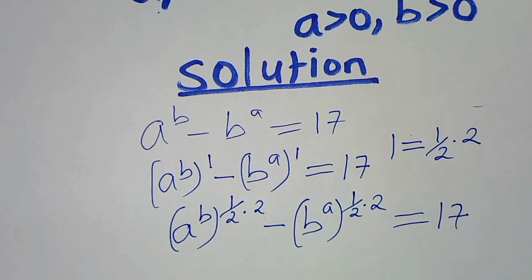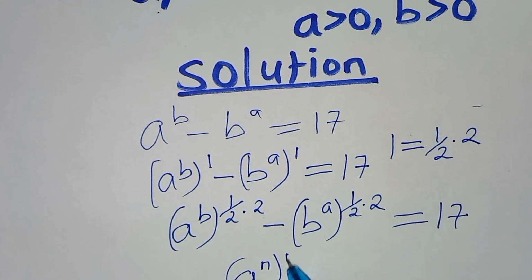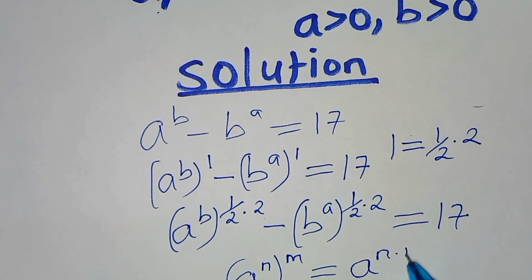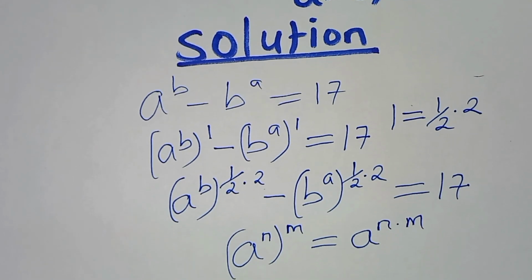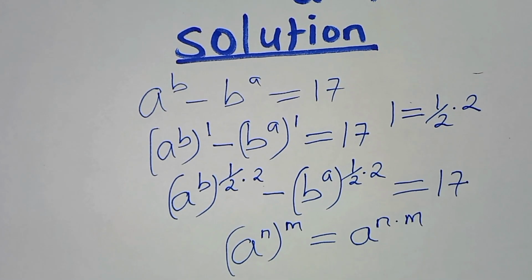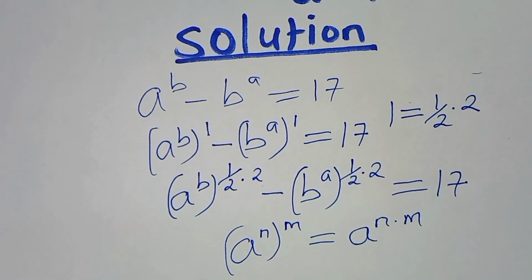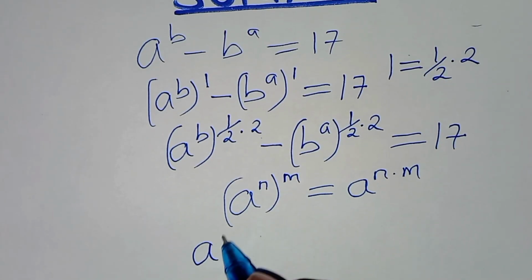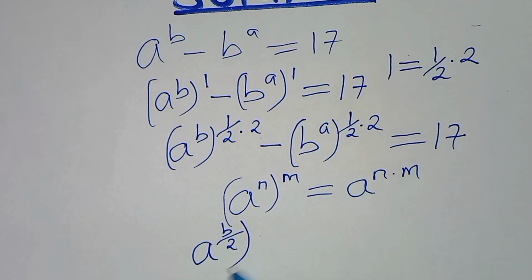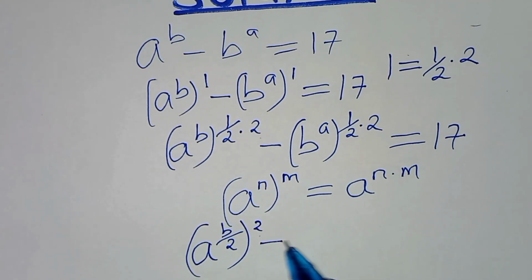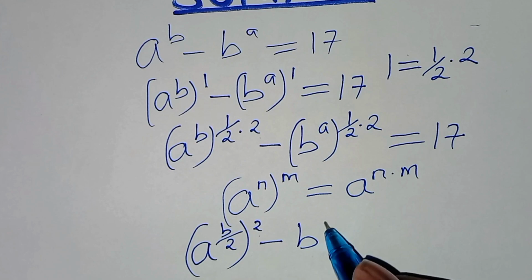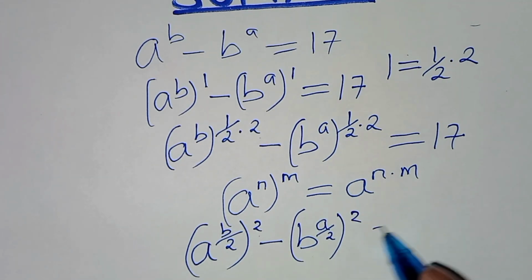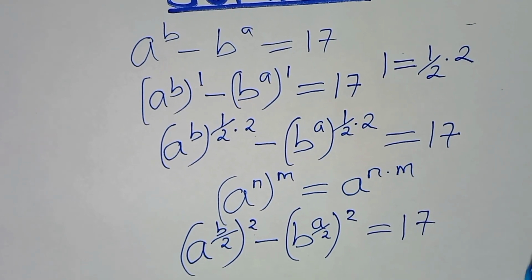The next step: if you have a raised to the power n raised to the power m, this can be expressed as a to the power n times m. Applying this identity, it follows that this is the same thing as a to the power b over 2, squared, minus b raised to the power a over 2, squared, equal to 17.